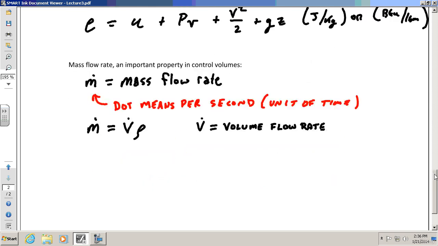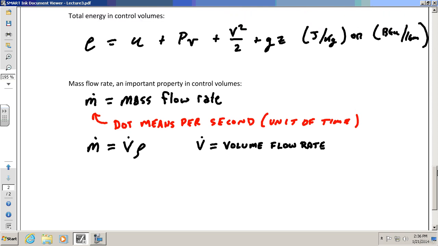This gives us one more way to express the energy balance. Take a look at that energy equation I wrote for control volumes. Notice this. If you have a mass flow rate, that's going to be something like, for example, kilograms per second, right? And let's say I have an energy term that's something like joules per kilogram.